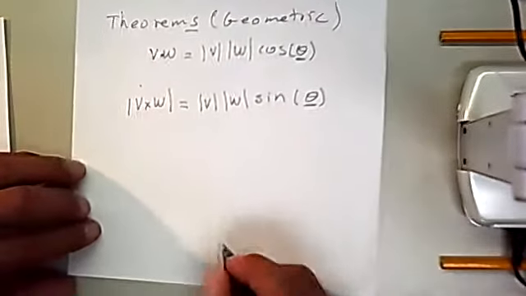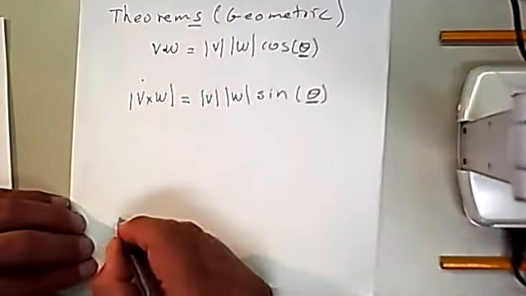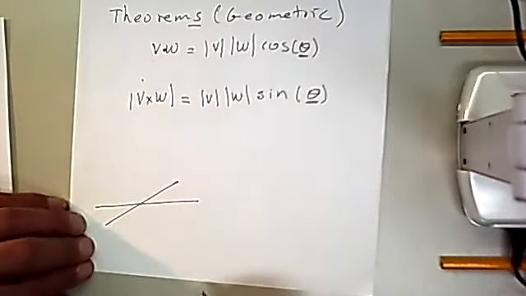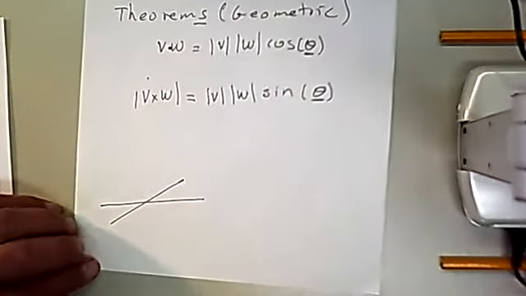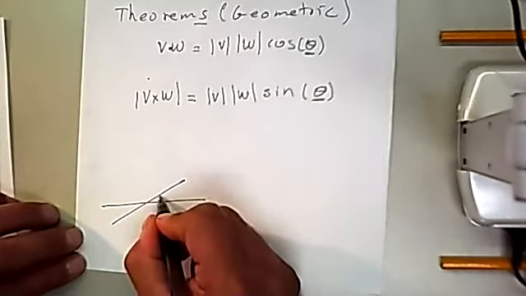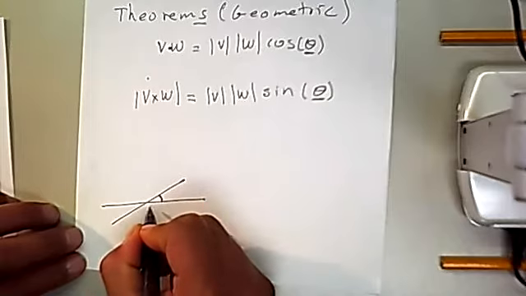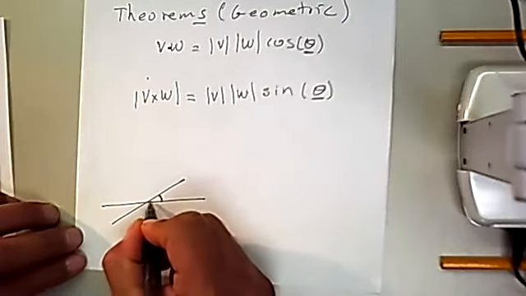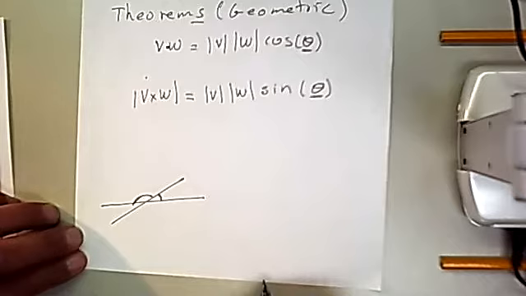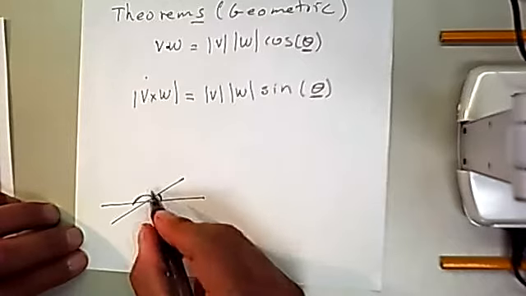Let's talk about two lines. When we cross two lines, not at a 90-degree angle, there are two possibilities for angles. We produce two different kinds of angles, an acute angle and an obtuse angle.